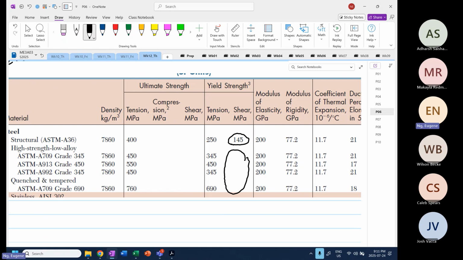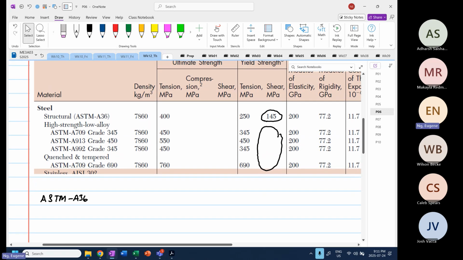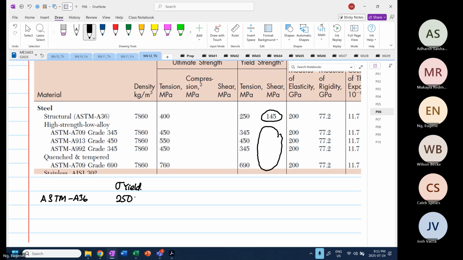So let's see, if we use ASTM A36, from stress yield we know that it is 250 megapascal, and we happen to be lucky enough that the shear yield is equal to 145 megapascal.